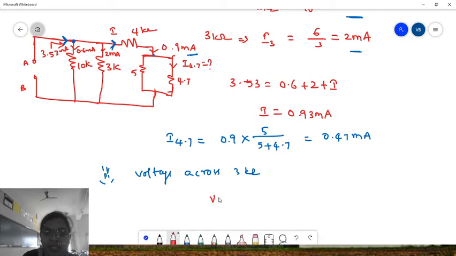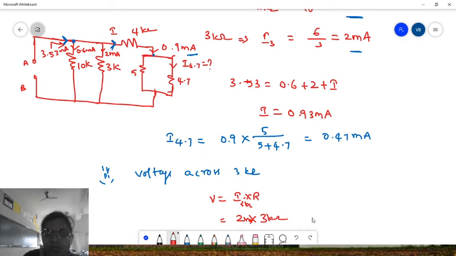That is voltage equals I into R. So what is the current in the 3 kilo ohms? That is 2 milliamps. 2 milliamps into the resistance, that is 3 kilo ohms.